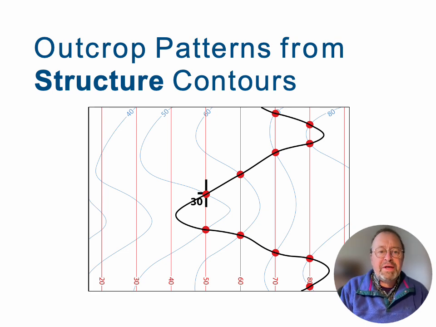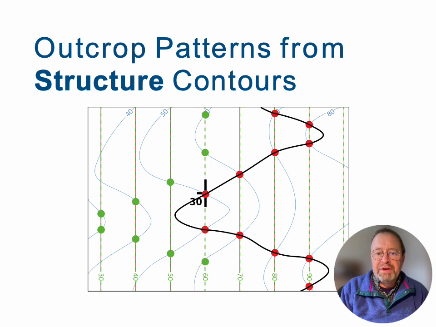And of course you can repeat this with the next unit, the next boundary that we want to put in. This one has different values, of course, because it is at a different height. So this particular example has been manufactured so that the contours for each of these two surfaces sit on top of one another, but they're not the same value.